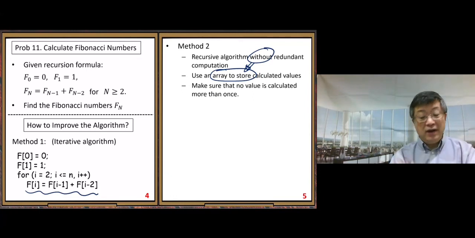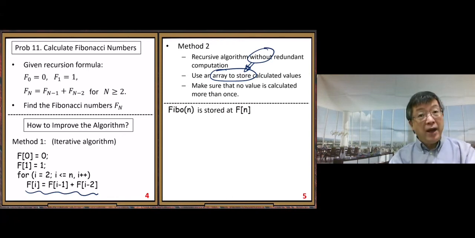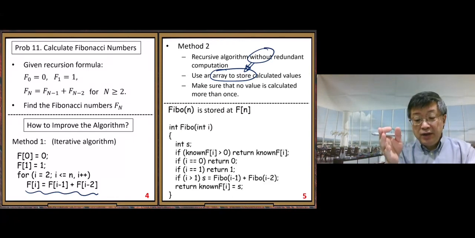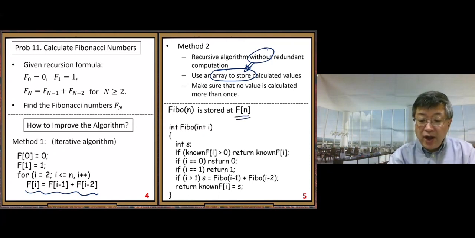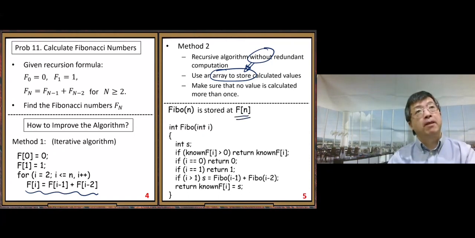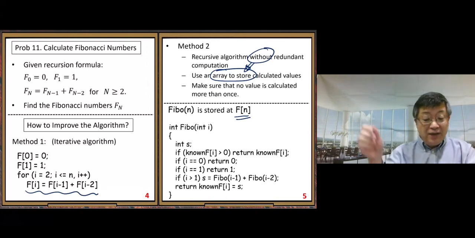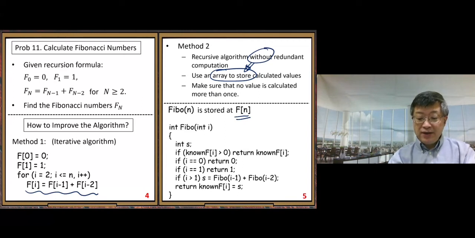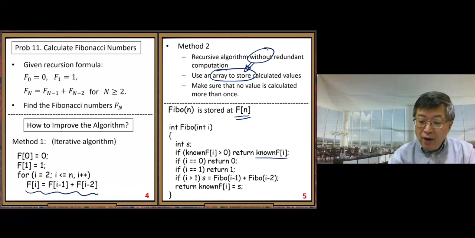So now let's do the implementation. Fibo of n, we store it in an array called f of n. The code is like this. We create an array we call known f.